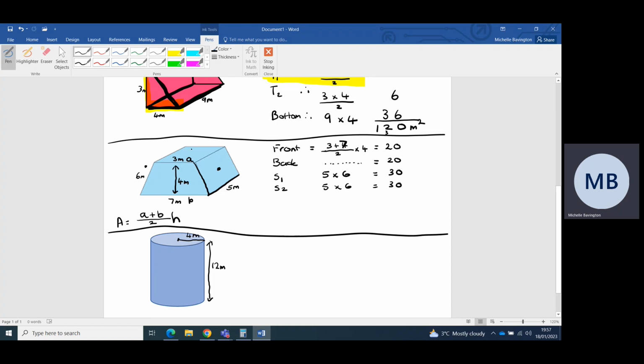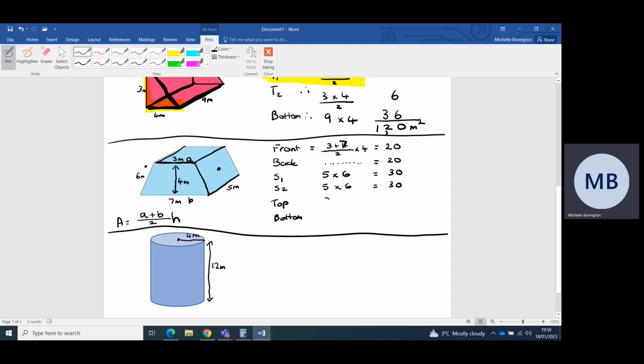Then we've got a top and a bottom. And these are going to be different. You can see your top is smaller than your bottom. So your top is 3 by 5. It's got to be 5 because this is 5.